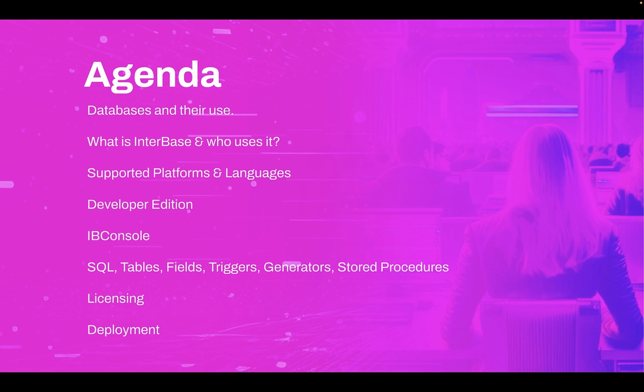But where we really want to get into today is the developer edition. The developer edition of InterBase is a great place to start. It includes the chance to create, design, and build your databases. It gives you a database file that, as I said, you can use across Windows, Mac, iOS, Android, and Linux. It also provides the first way that you can get into using IB Console.